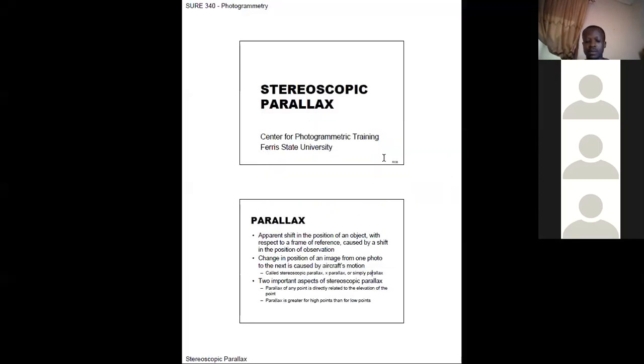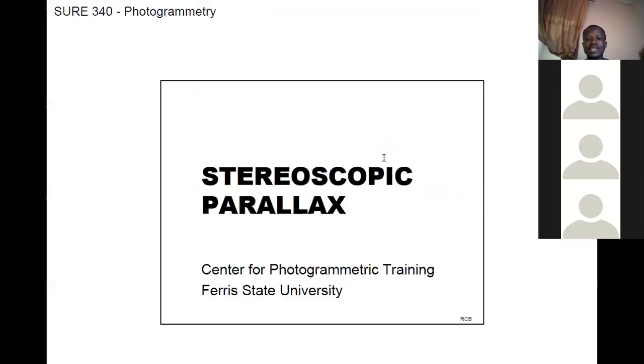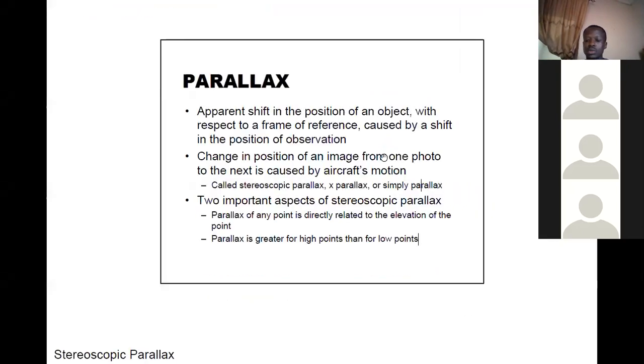The parallax of any point is directly related to the elevation of the point. We will know that too. The parallax is greater for high points than low points. It's easy to remember: parallax will be high for an object that is closer.